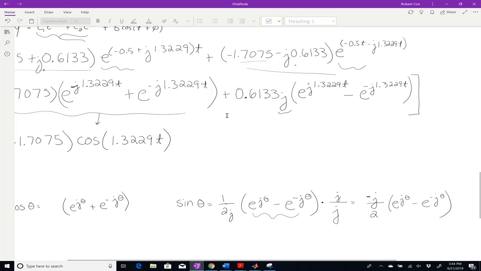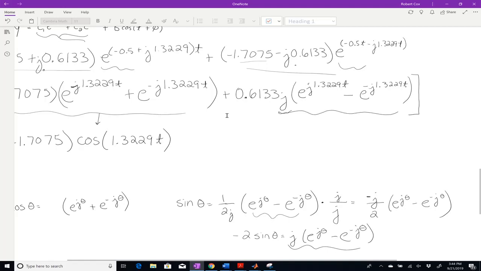Now, I kind of have a similar relationship up here. Instead, let's multiply both sides by minus 2, right? So I get minus 2 sine theta equals j times e to the j theta minus e to the minus j theta. Okay, this exists here.